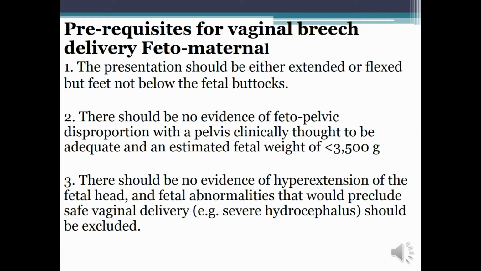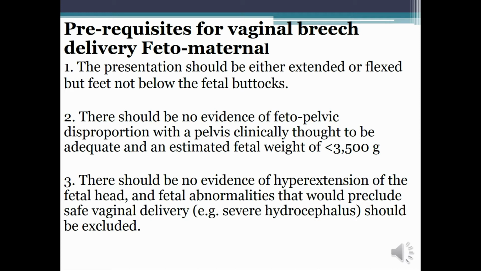Prerequisites for vaginal breech delivery: feto-maternal. The presentation should be either extended or flexed, but feet not below the fetal buttock. There should be no evidence of fetal-pelvic disproportion, with a pelvis clinically thought to be adequate and an estimated fetal weight less than 500 grams.